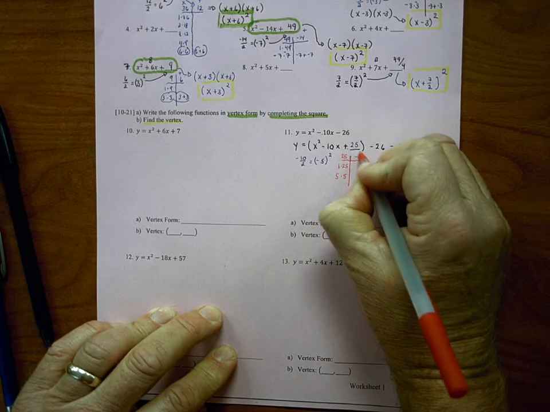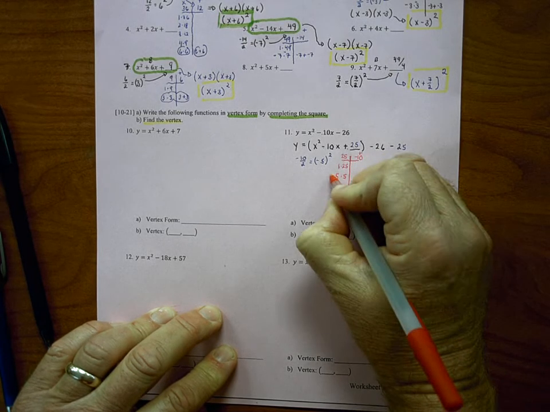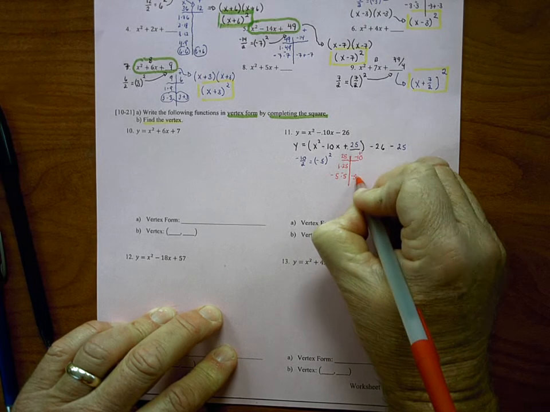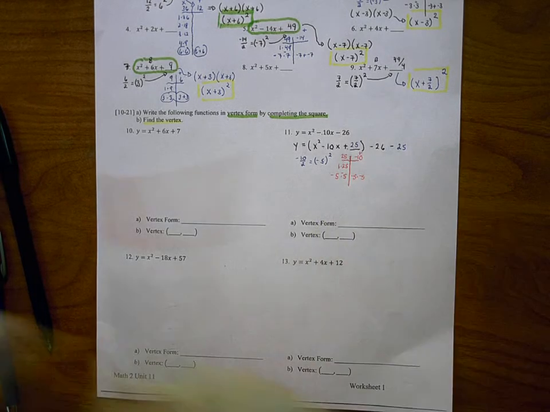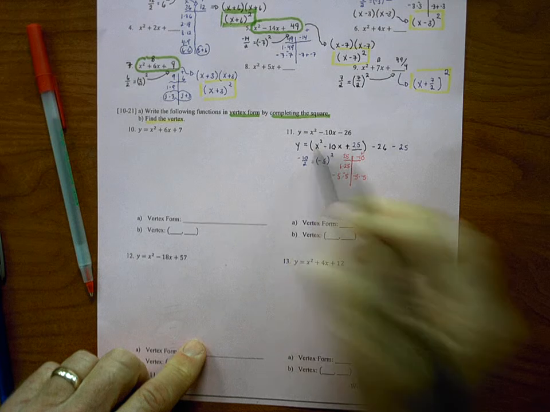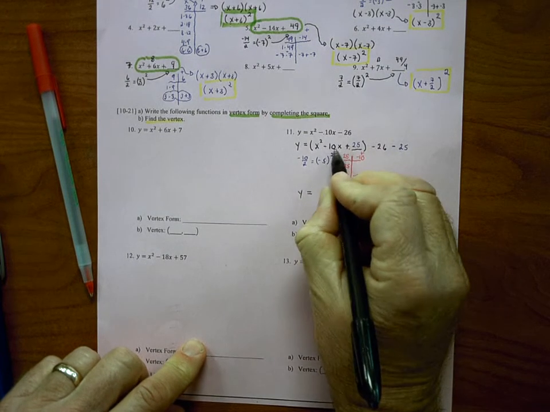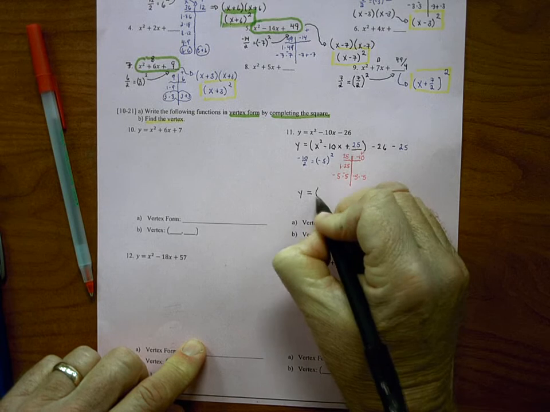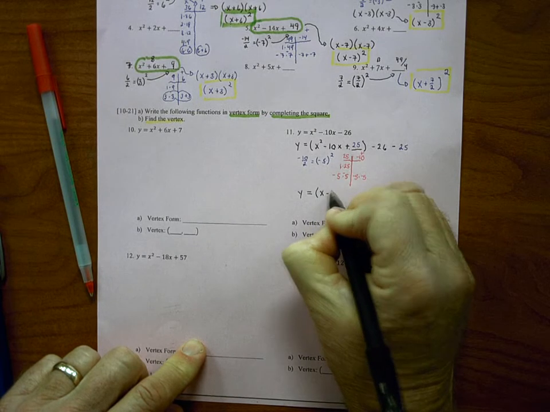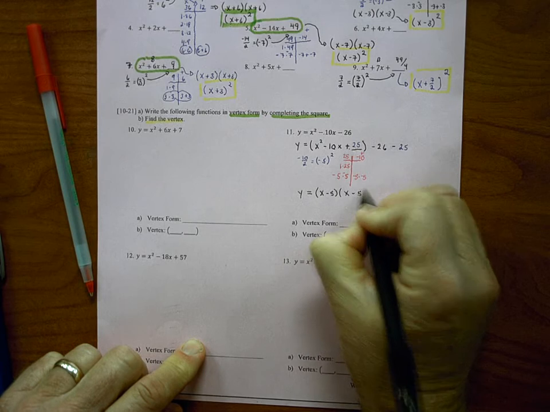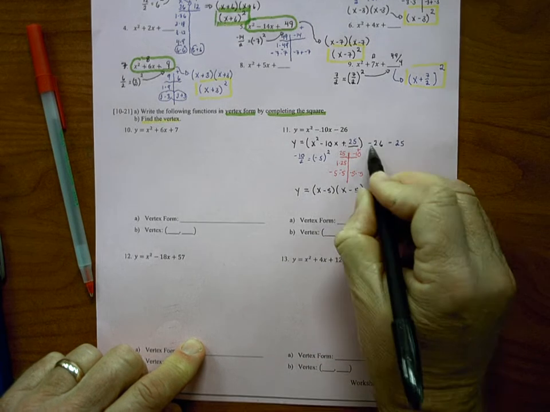Okay, so how would we make these? If we made both those 5's negative, you could see I have my factors. So that means that my parentheses here, when I write it out, I'm going to get y equals, and then x squared minus 10x plus 25 will factor into x minus 5 times x minus 5, and then outside here, negative 26 minus 25.